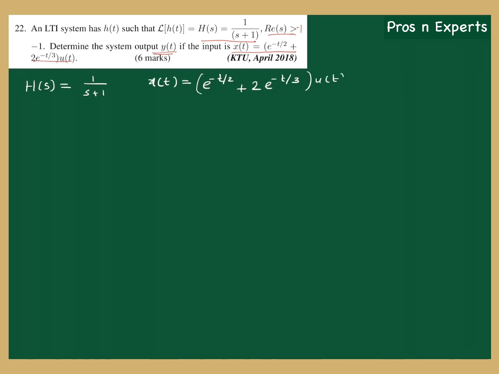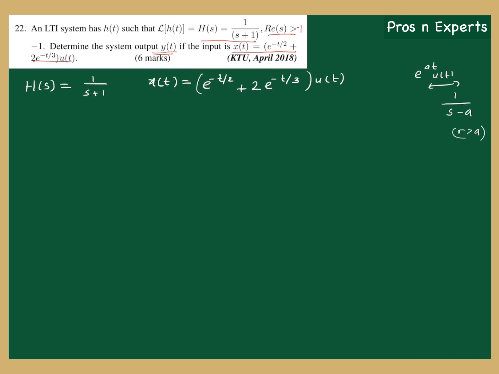This has two terms, and both are in the form e raised to at u of t, whose Laplace transform is a very popular one, 1 by s minus a, with the ROC sigma greater than a.